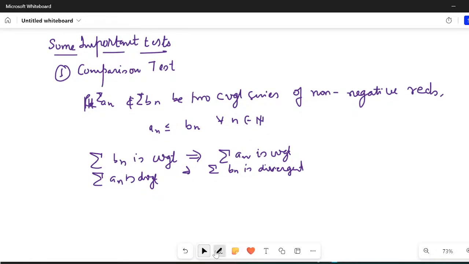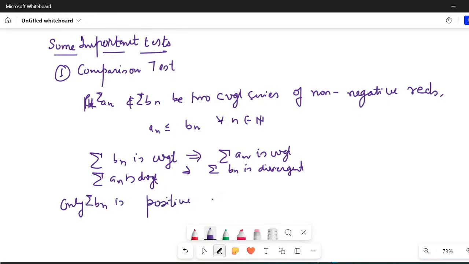If only summation bn is a positive term series and an is not, then what you can do is try to take the modulus of an. If it so happens that modulus of an is less than bn, then it is fine.